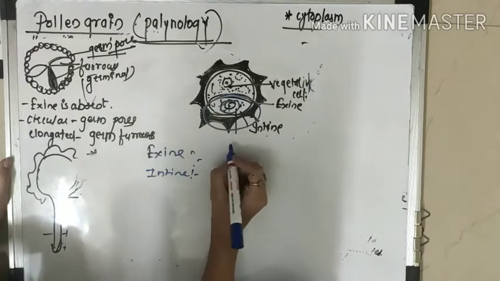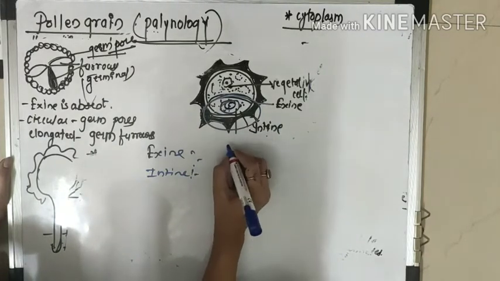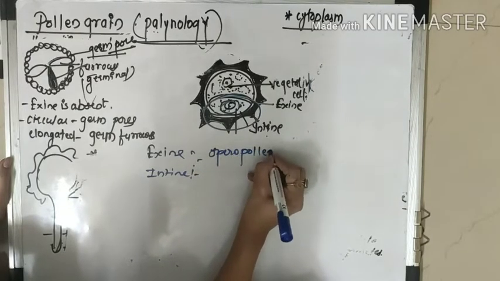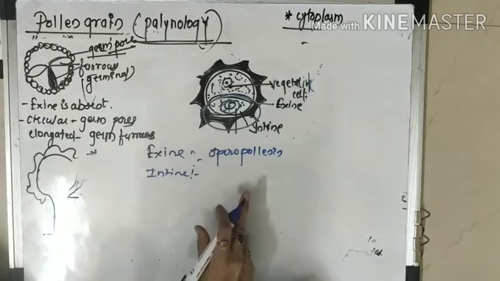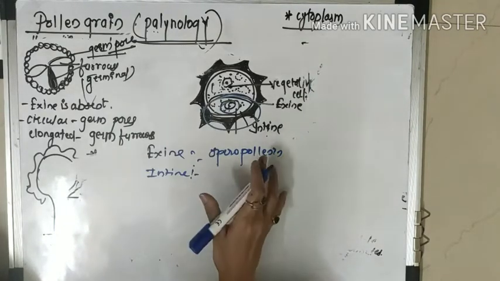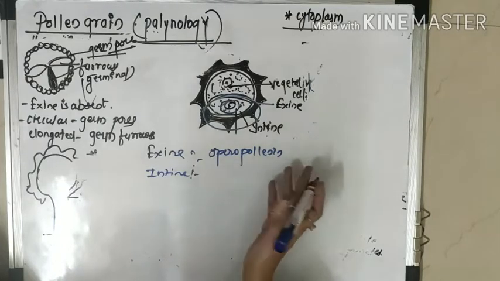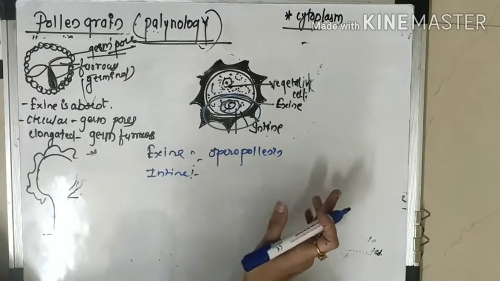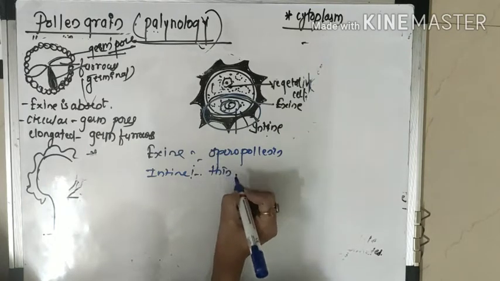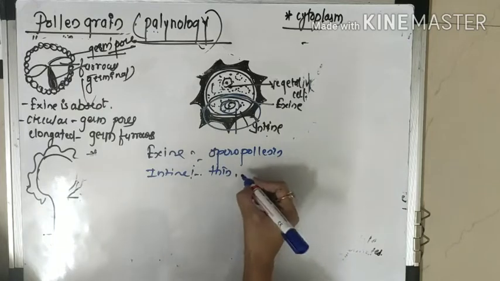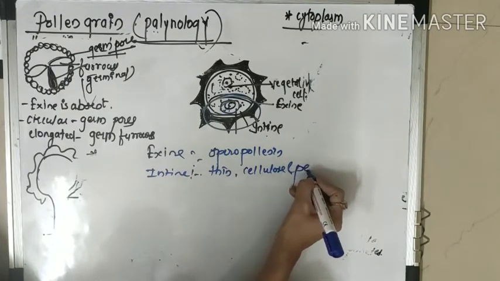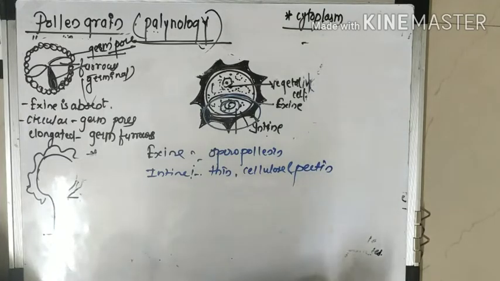Exine is made up of sporopollenin. It is highly resistant to organic matter, it withstands high temperature, strong acid and alkali, and no enzyme can degrade sporopollenin. Whereas the intine is very thin and a continuous layer, made up of cellulose and pectin. That's why it is known as pectocellulose.